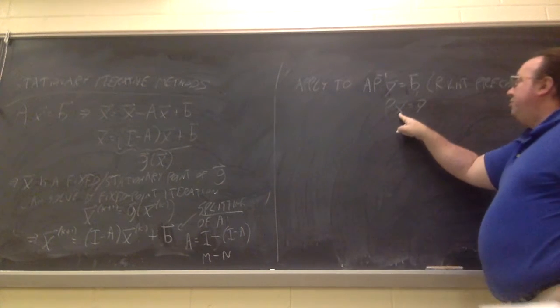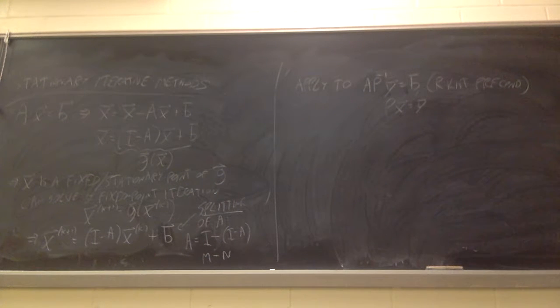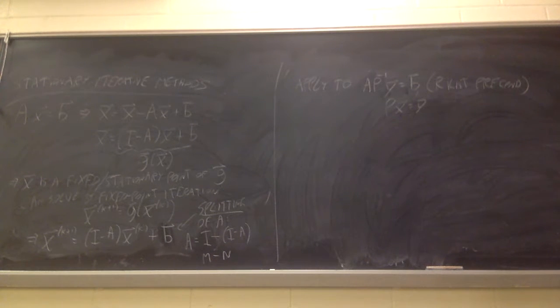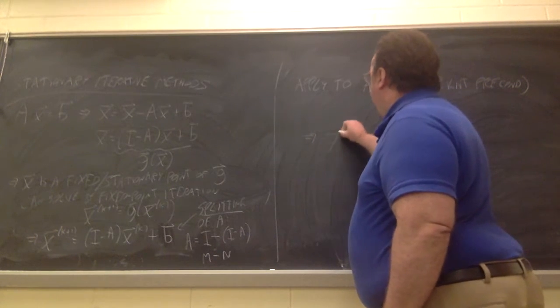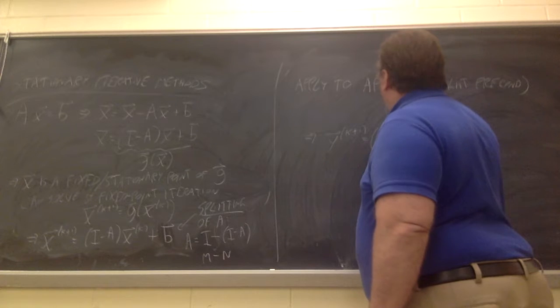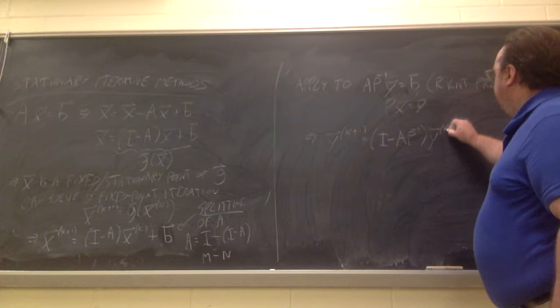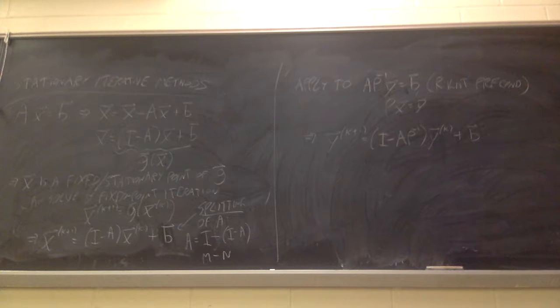That's how the solution I really want is related to the solution of this preconditioned system. So I'm going to iterate on y, and where I see A in there, I'm going to replace it with A P inverse. So I have y_{k+1} = (I - A P inverse) y_k + b. And then see what I can do with that.